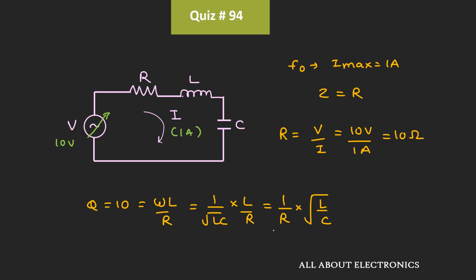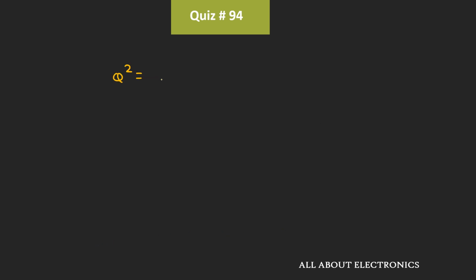So if we take the square on both sides, then we can say that Q² is equal to (1/R²) times L/C, or C is equal to L divided by R²Q². Now here L is equal to 0.1 henry, while the value of R and Q is equal to 10.